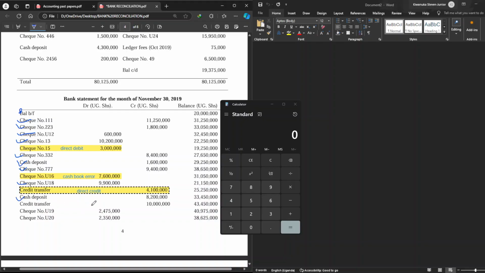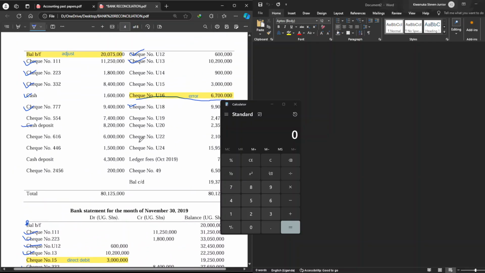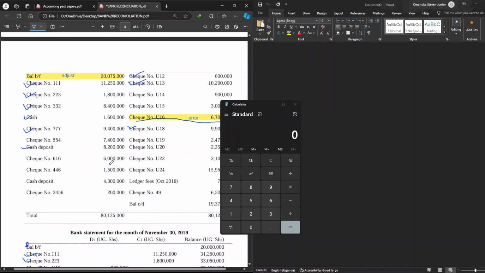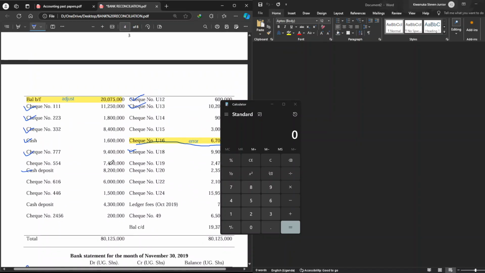Then we come to credit transfer, 10 million. Somebody transferred some more money, 10 million credit transfer. Credit side, it should be on the debit side. The 10 million in your cash book, we see that it is not there.